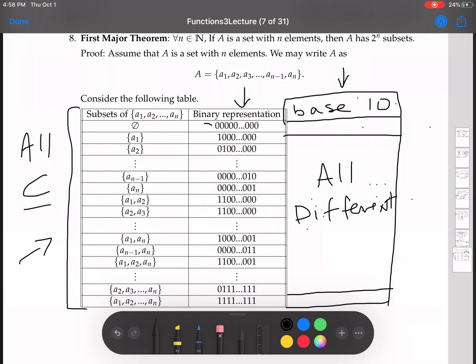So if all of these are different, then whatever number they represent is going to be the same number that is represented over here by its base 10 representation. So if each of these are different, each of these over here has to be different as well, because they're just different ways of saying the same thing.